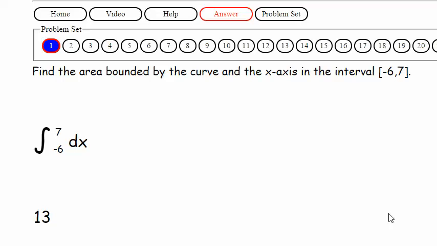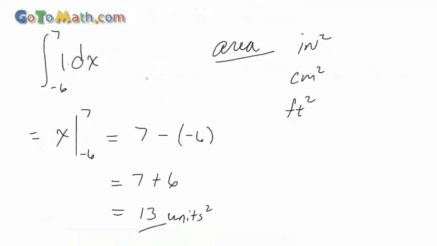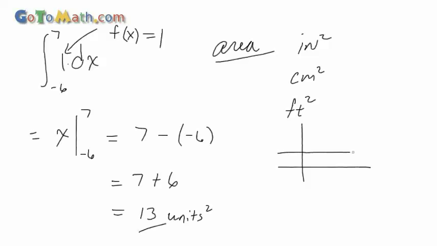Now, I guess I should have said something here real quick about this. So this is our f of x, right? And when you graph f of x, which is equal to 1 here, that graph is just a horizontal line going straight across.